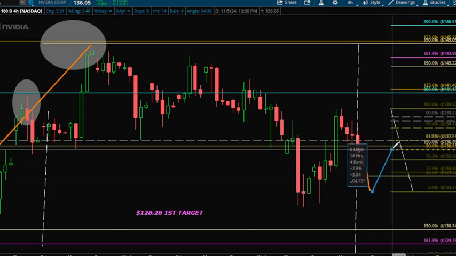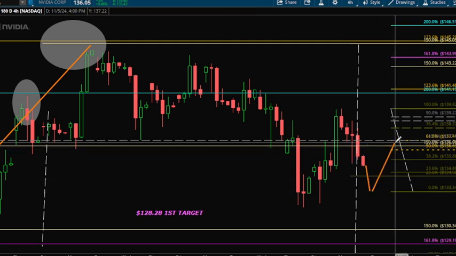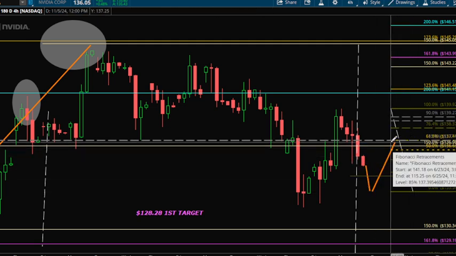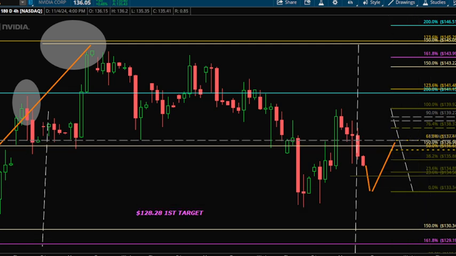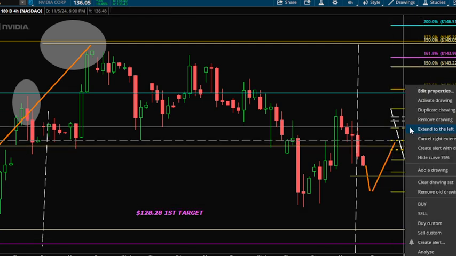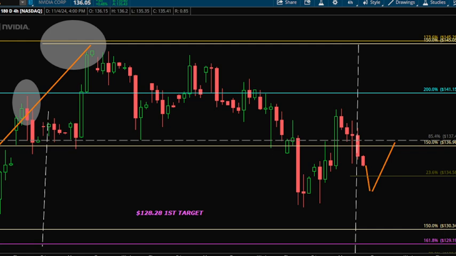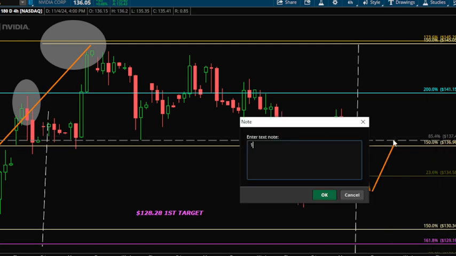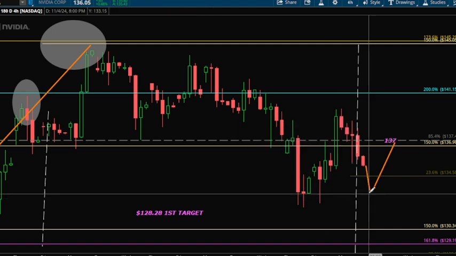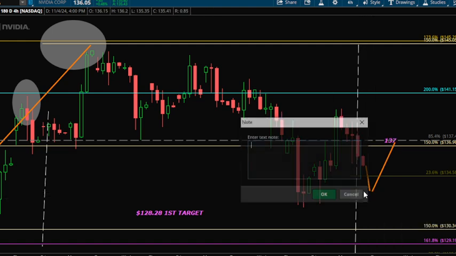So then we get a bounce up to here, which is 137. And this right here was 133.